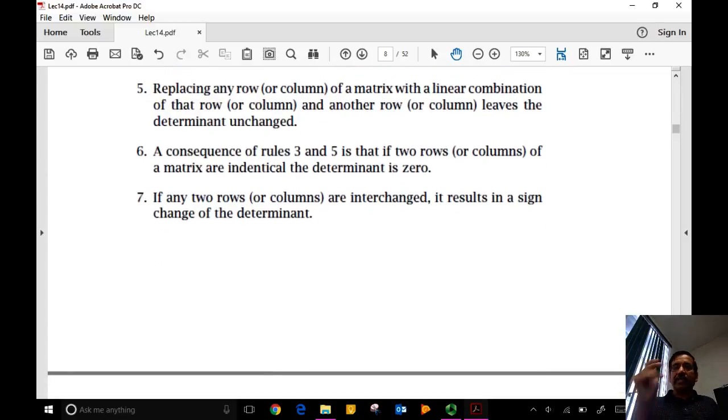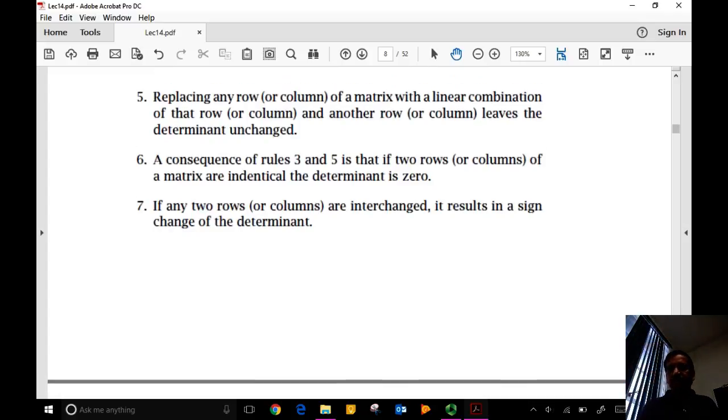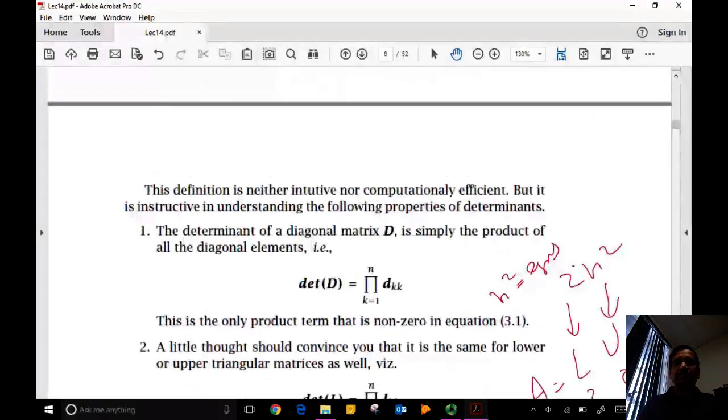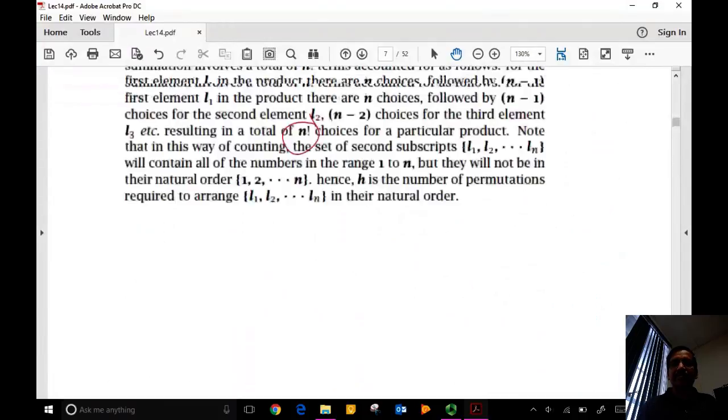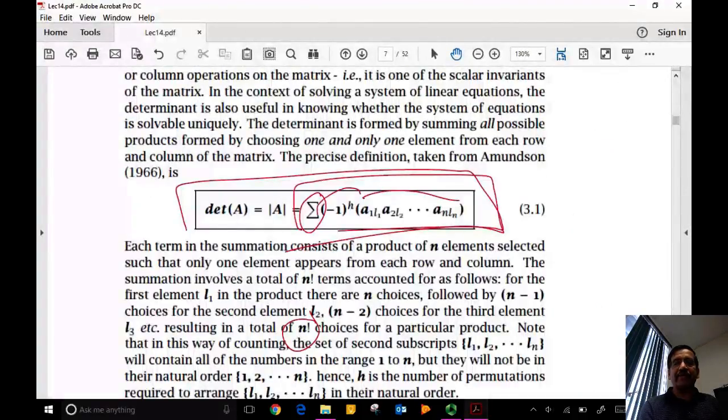If any two rows are interchanged, the sign will change, and that result comes from the fact that in the definition of determinant we have this minus 1 to the power h. And h is a number that is determined in such a way, the second subscript that you see here, L1, L2, these are determined by which row and which column you pick the second number.